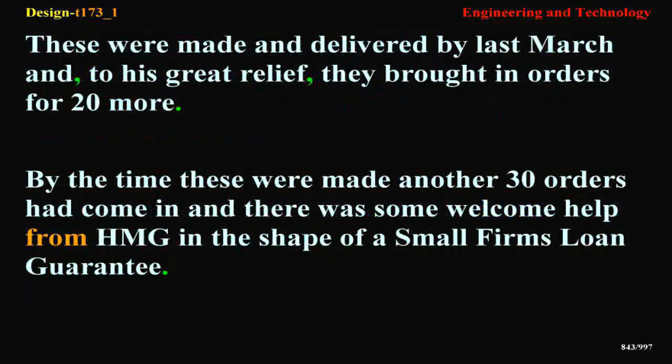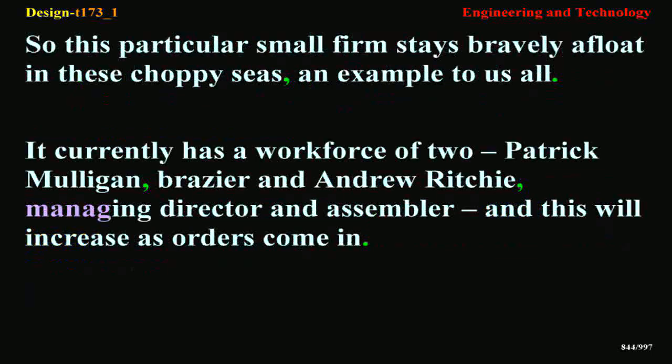These were made and delivered by last March and, to his great relief, they brought in orders for 20 more. By the time these were made another 30 orders had come in and there was some welcome help from HMG in the shape of a small firm's loan guarantee. So this particular small firm stays bravely afloat on these choppy seas, an example to us all.